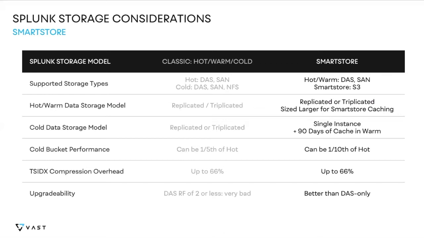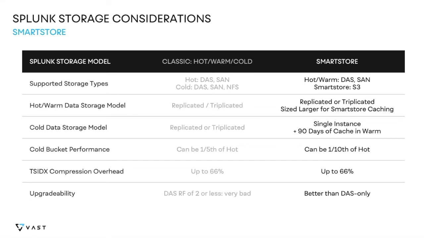A lot of the S3 vendors like this because you don't have the same amount of replication that you classically have with cold, hot, or warm, and most of the object stores in the marketplace today don't have data reduction, so that becomes a pretty costly endeavor if you were to use classic NAS systems or object storage for cold buckets. But as you can use them for SmartStore, that's single instance.